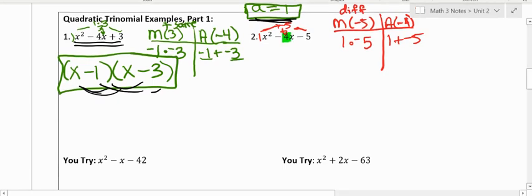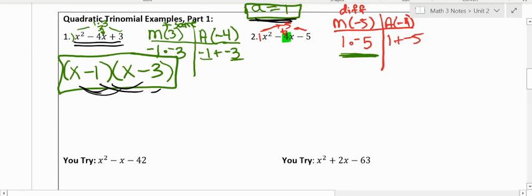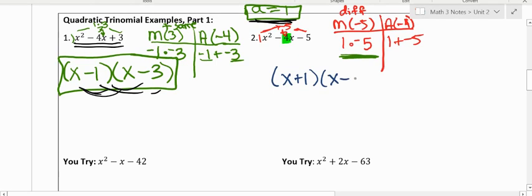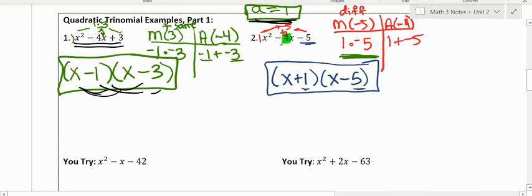From there, all I have to do is take my two factors that I found. Since my a value is equal to 1, I can just rewrite it as x plus 1, x minus 5. And if I distribute this back out, I would get that same trinomial, because 1 times negative 5 is negative 5, and 1 plus negative 5 is negative 4.